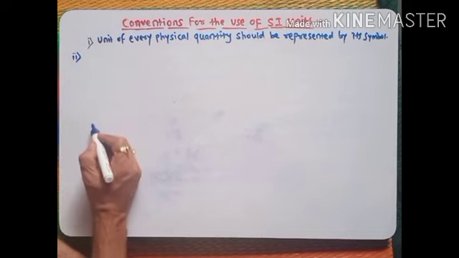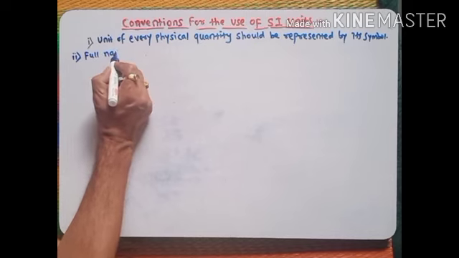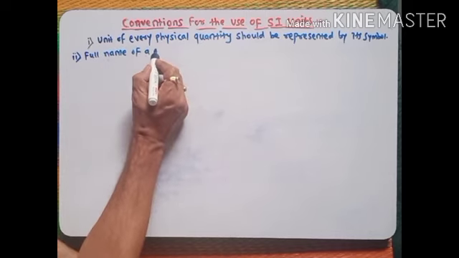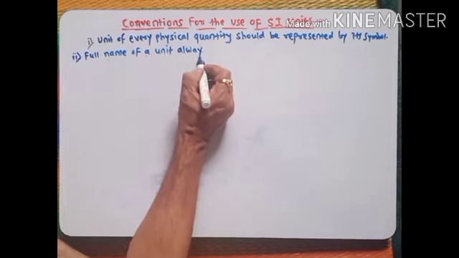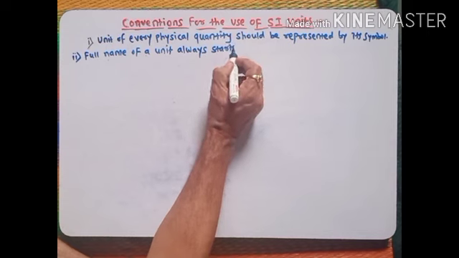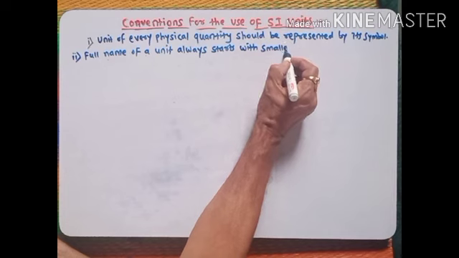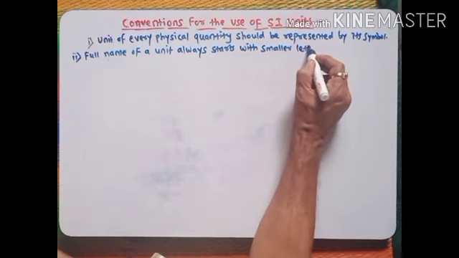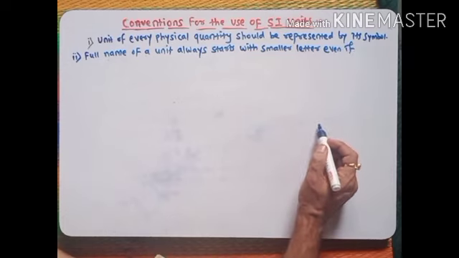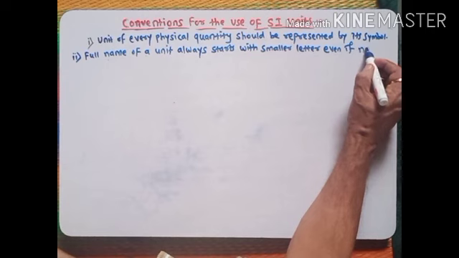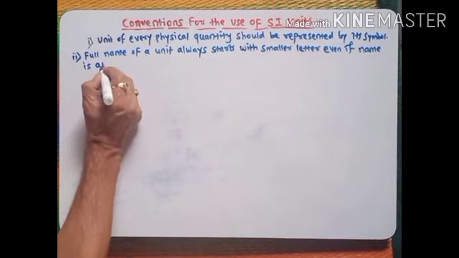Second, the full name of a unit always starts with a smaller letter, even if the name is after a person.